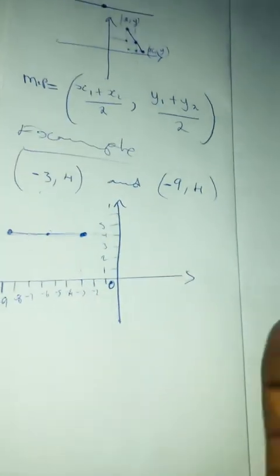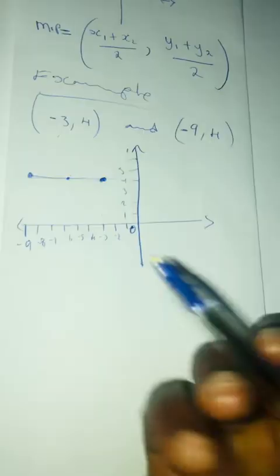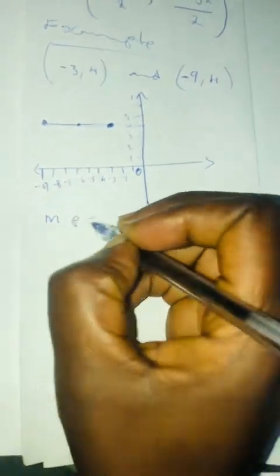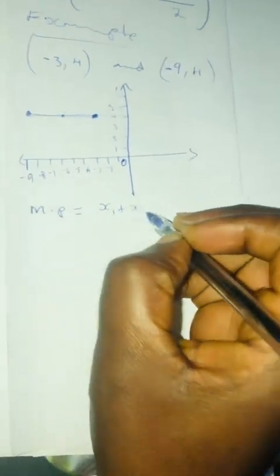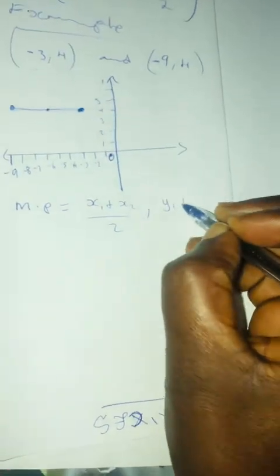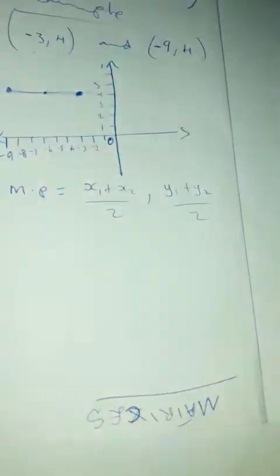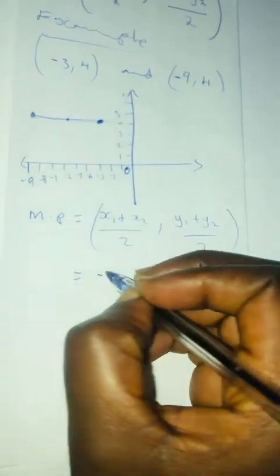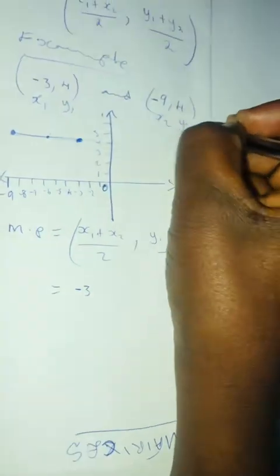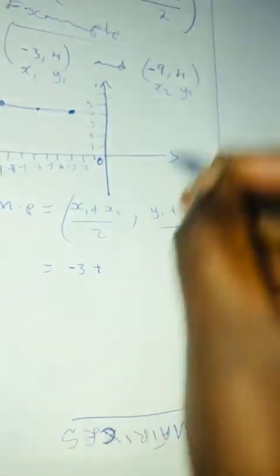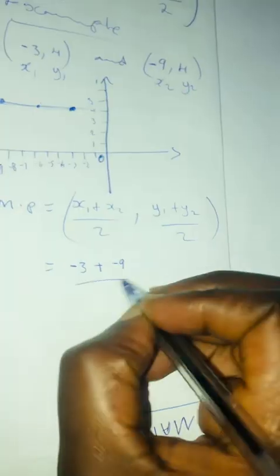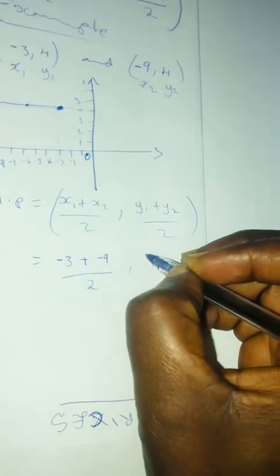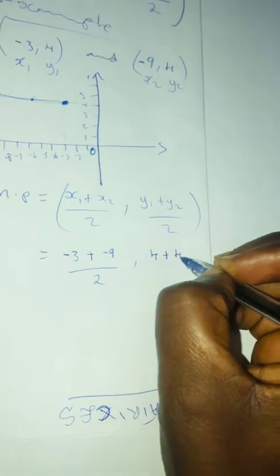Using the formula, midpoint equals ((x1 plus x2) over 2, comma (y1 plus y2) over 2). We substitute. Let's say this is x1, y1, x2, y2. Negative 3 plus negative 9 over 2, comma 4 plus 4 over 2.